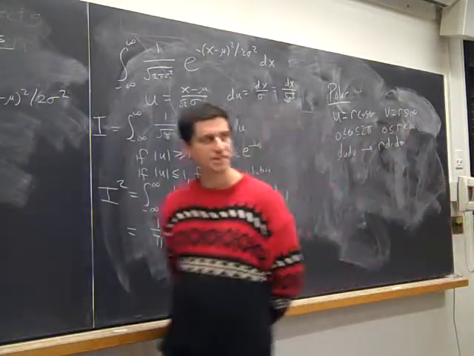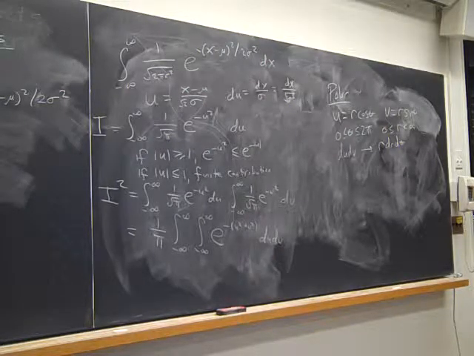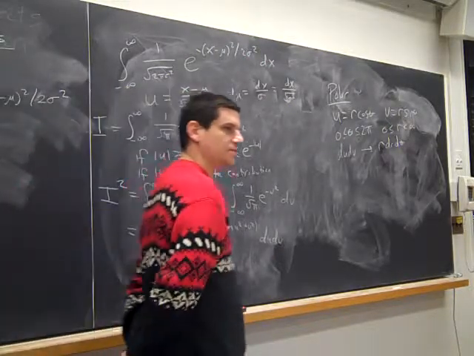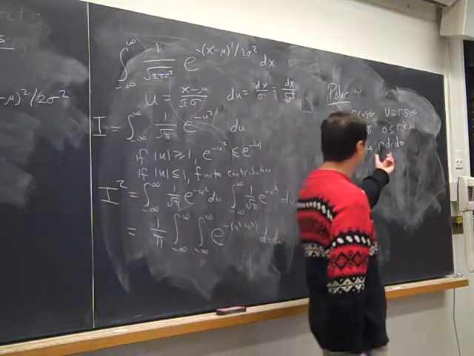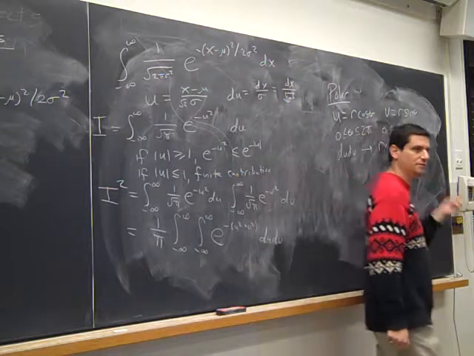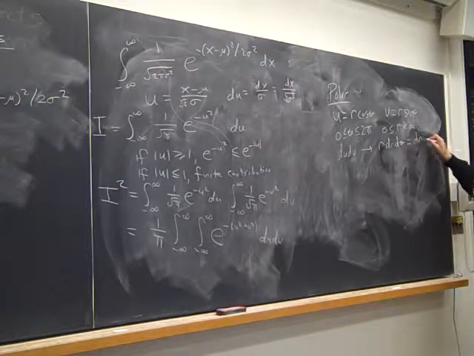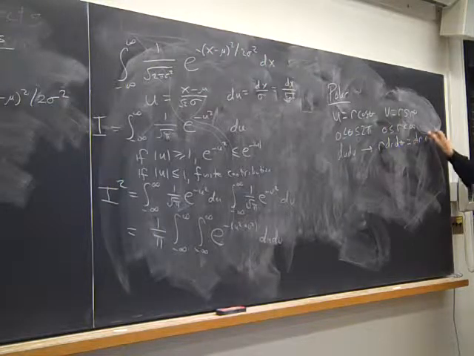While we always write r dr d theta, I don't think that's a good way to think of it. Does anybody know how you should view r dr d theta? I claim you want to change the order of the multiplication of these three quantities. I like to view it as dr r d theta.